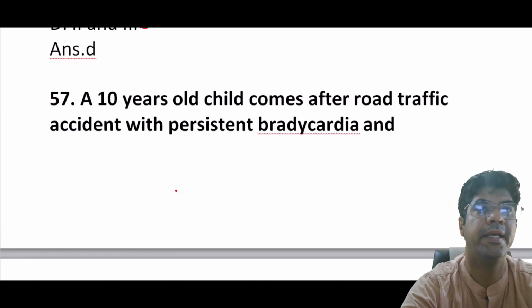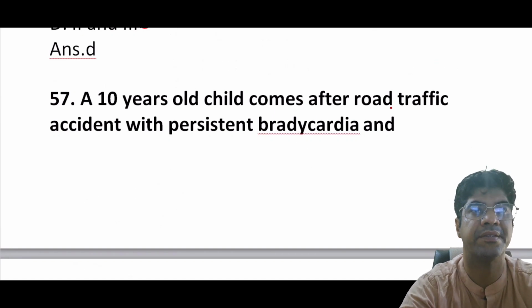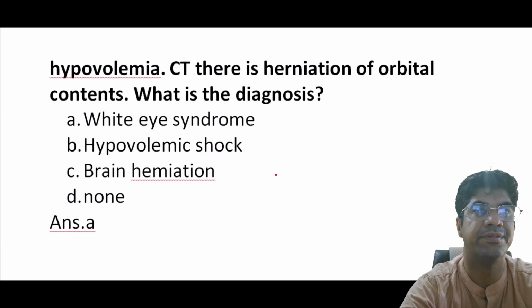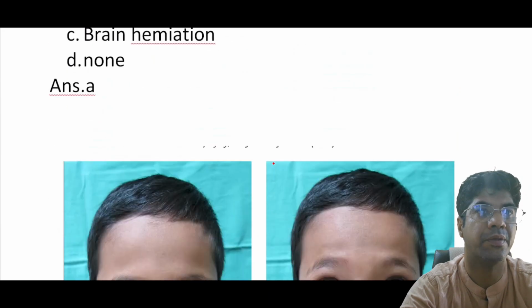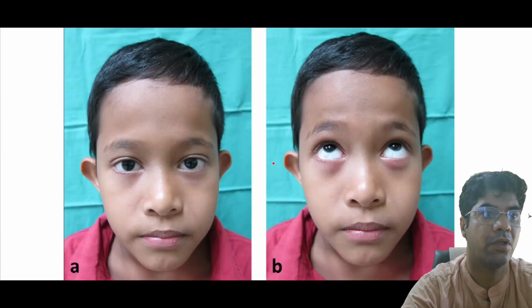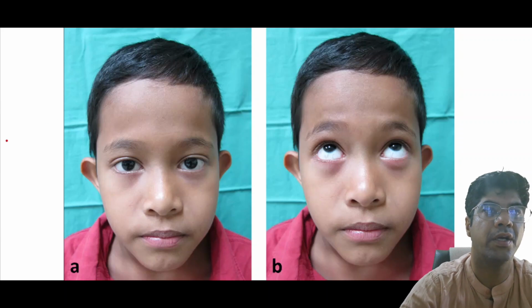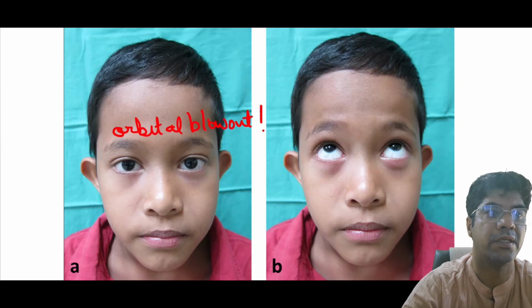Next question. A 10-year-old child comes after road traffic accident with persistent bradycardia and hypovolemia. There is herniation of orbital content. What is the diagnosis? The answer is white eye syndrome. So white eye syndrome, it is typically seen in children after orbital blowout fracture.